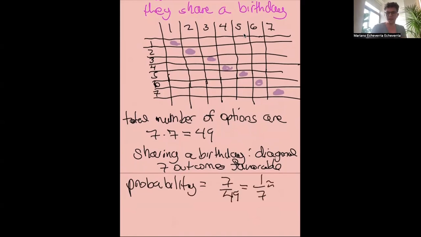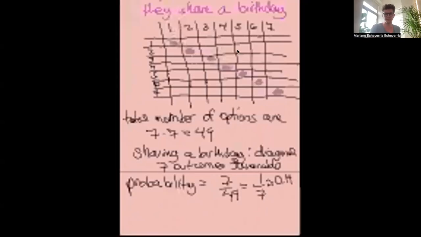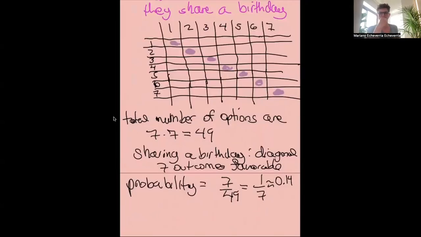Saying 1/7 is okay, but it's not that useful. So that is about a 15% chance, or 14% chance. Is that making sense?